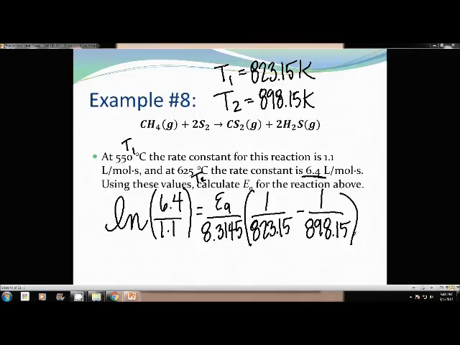So now we just have to do a lot of solving to get our EA, and I'm going to let you do that, but when you do, the activation energy is equal to 1.44 times 10 to the fifth joules per mole.